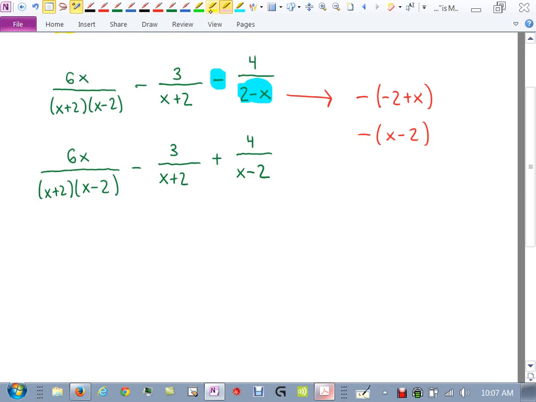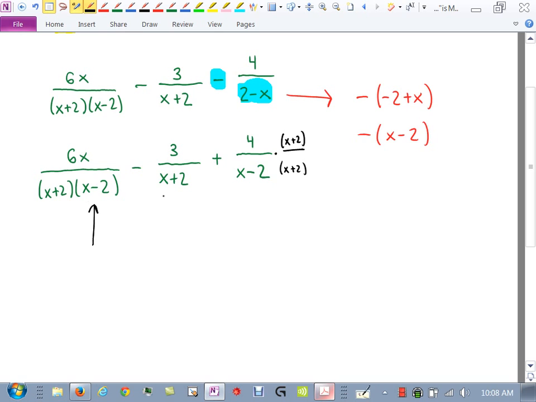X plus 2, start with that. I have x plus 2 here, I have x plus 2 here. I'm missing an x plus 2 on this one, right? So I'm going to insert it right next to it: x plus 2, top and bottom. That makes it so that every denominator has an x plus 2. Agreed? How about x minus 2s?